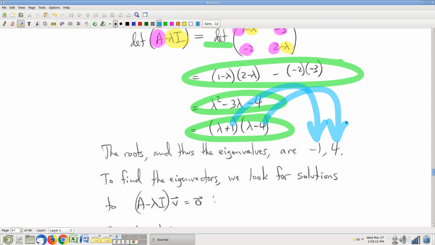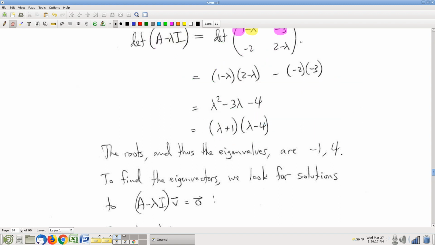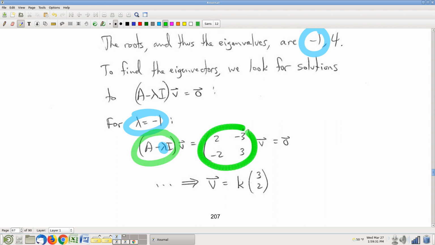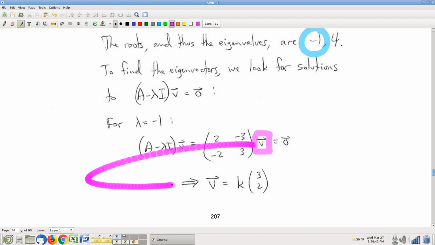All right, let's find the eigenvectors. Well, now we have to find the eigenvectors one eigenvalue at a time. We will start with -1. Plug in lambda equals -1, and our A minus lambda I becomes that. Keep in mind, eigenvectors are in the null space of A minus lambda I. So we just need to go through and row reduce this A minus lambda I. And, a bunch of details.